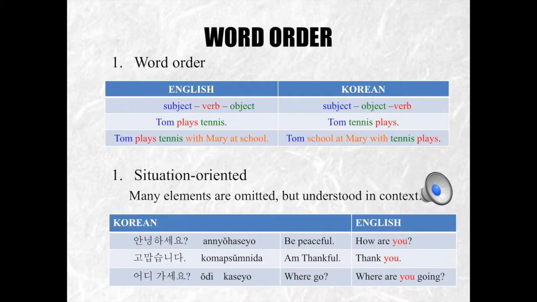Where are you going? There's no you to be found anywhere in the literal translation. It's just where, go. So you can imagine, it could be the third person, like he, she, but you can drop these things. So it's one of those languages where situation is very, very important.